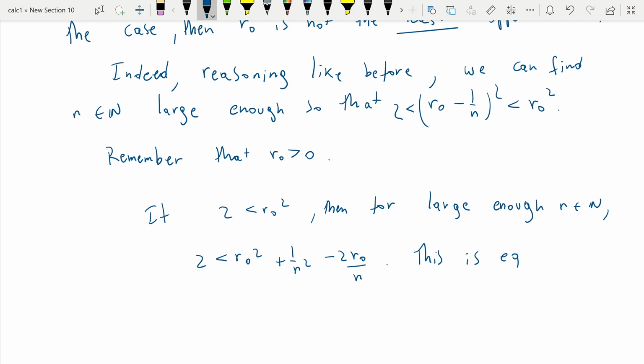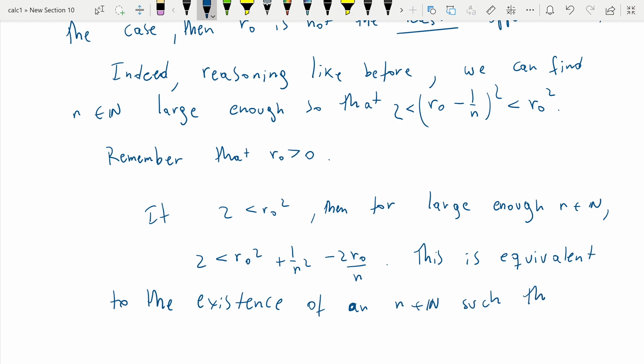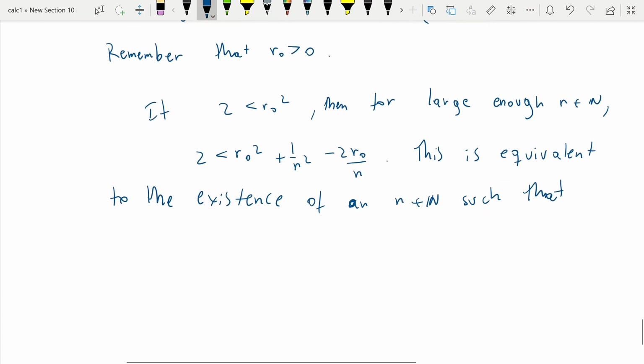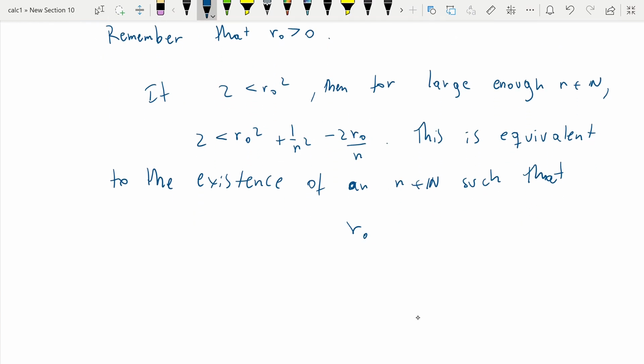This again is equivalent to the existence of a number n in N such that R naught squared minus 2 is greater than 2 R naught over n minus 1 over n squared.